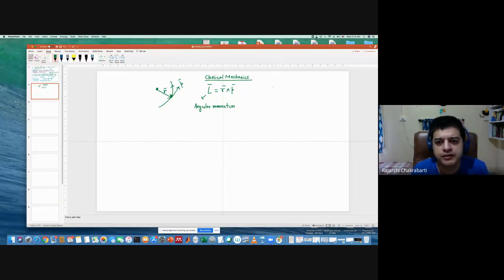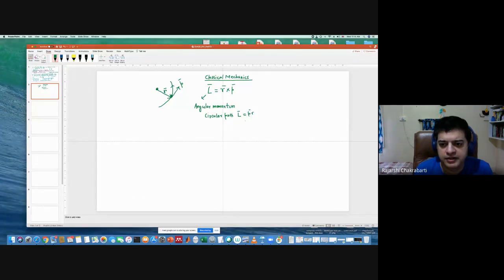How to do it? I hope you have done it in your class 12 physics. For example, if I have a circular path, what is the value? I don't remember.